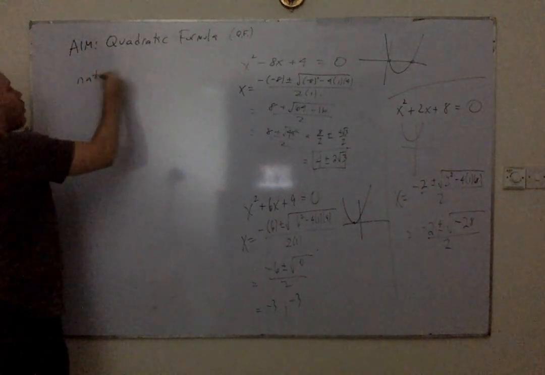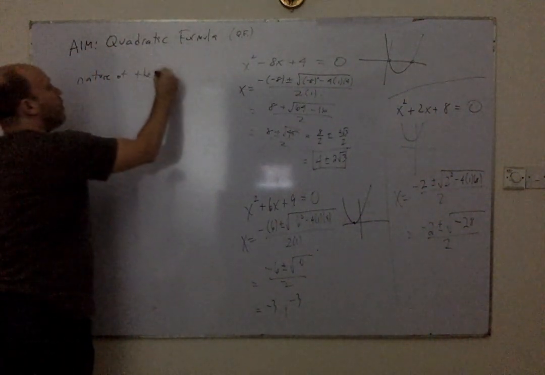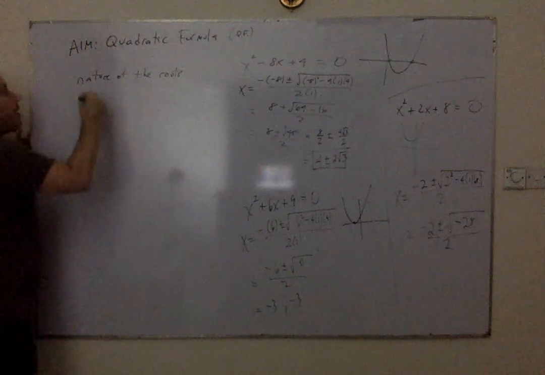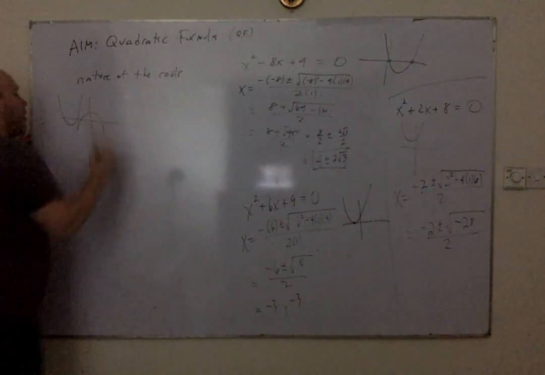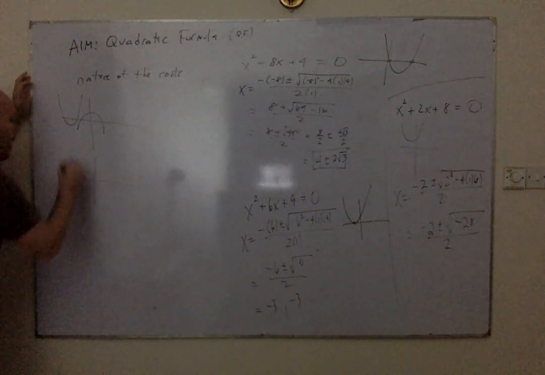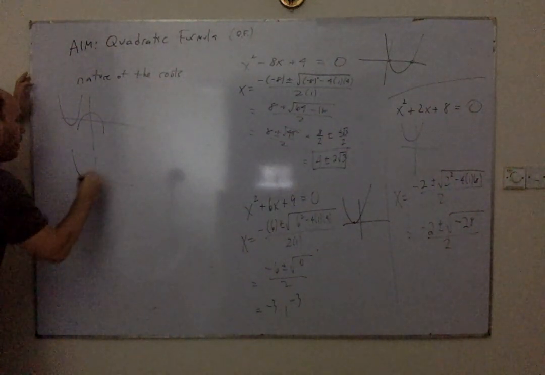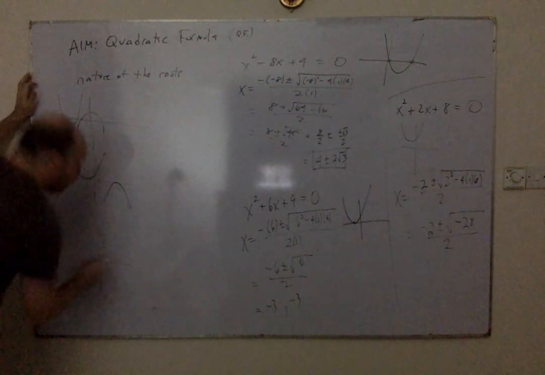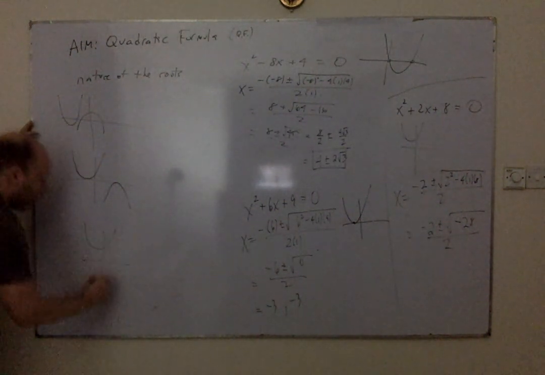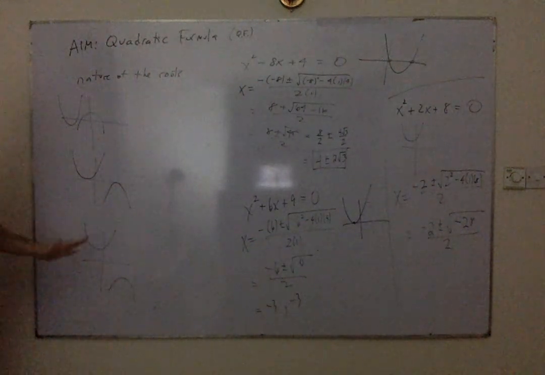Now, we saw 3 examples. We saw parabolas that crossed it here. We saw some parabolas that kind of touched it here. And in the last example, we just saw parabolas that didn't even touch the x-axis.